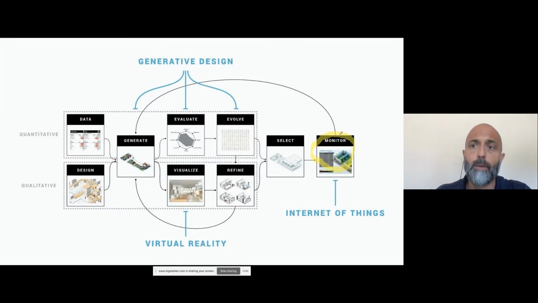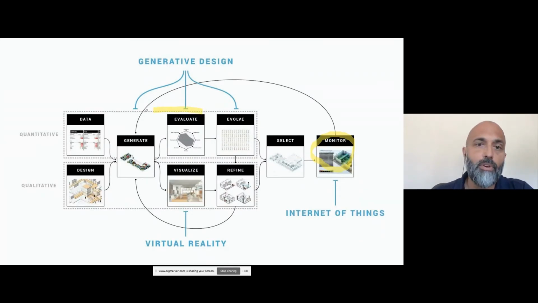This is talking about monitoring performance of built designs, whether it's buildings or bridges, and then eventually feeding that data back into the generative design process, which takes data that's quantitative and qualitative in nature, but also data building on the actual real world performance that's captured using sensors, and essentially generates a number of different solutions that can then be evaluated based on various metrics.